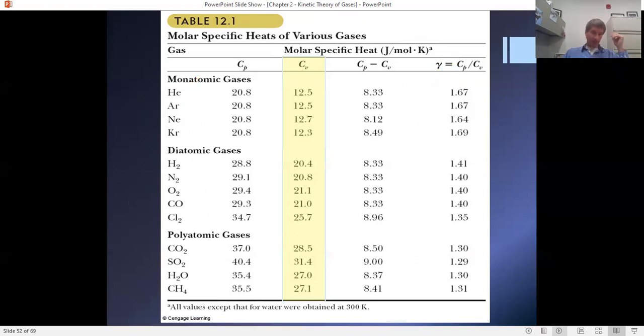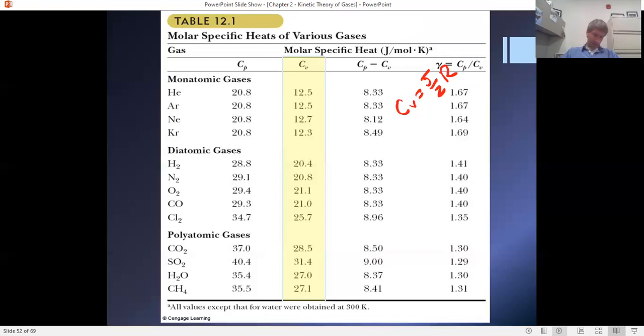Now we do the same thing for diatomic gases. I'm going to say that our CV here should be 5/2 R. Remember, if those vibrational modes were kicking in, it should be 7/2 R. But again, we're going to take about 8 divided by 2. That gives 4. 4 times 5 is 20.